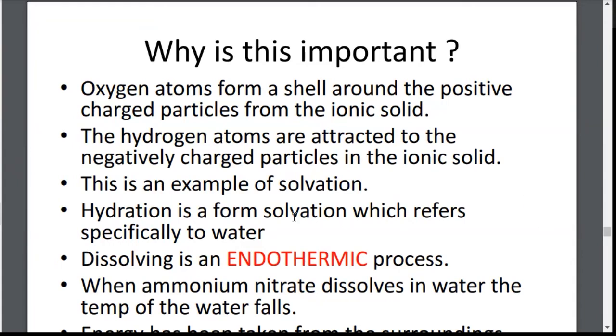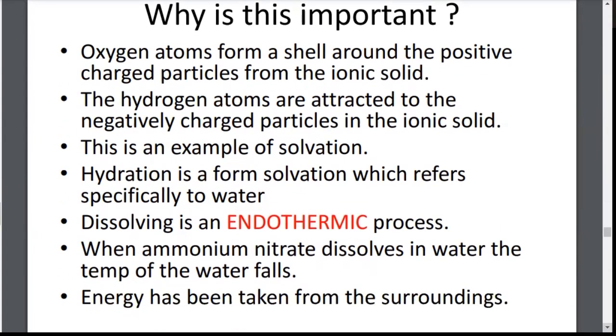So another interesting point, and this may well come up if you're doing GCSE chemistry at the moment, is that dissolving is an endothermic process. That's another fancy word, which just means when the dissolving happens, it takes energy in from the environment around it. For example, when ammonium nitrate, which is a soluble salt of ammonia, dissolves in water, the temperature of the water will actually fall.